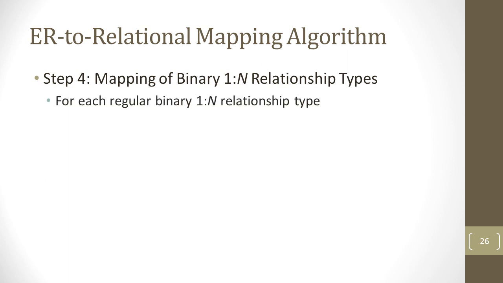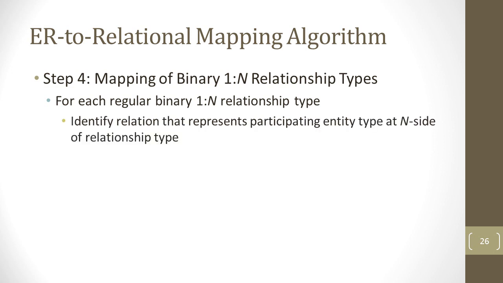So for each of these one-to-n relationship types, or really it could be n-to-1, just depending which way you look at it, you're going to identify which relation represents the n side of the relationship. So in the employee to departments example, the employee is the n because multiple employees can work for one department.